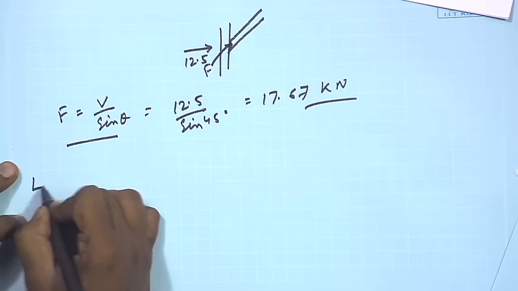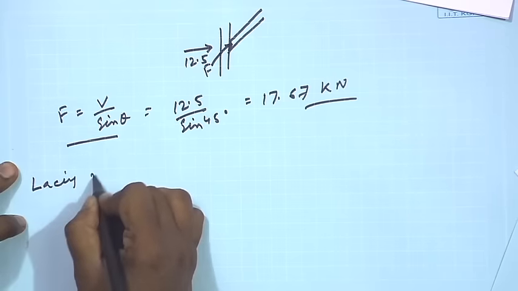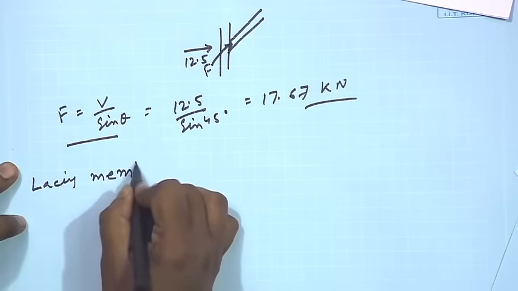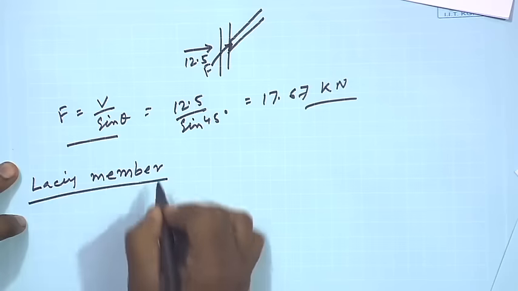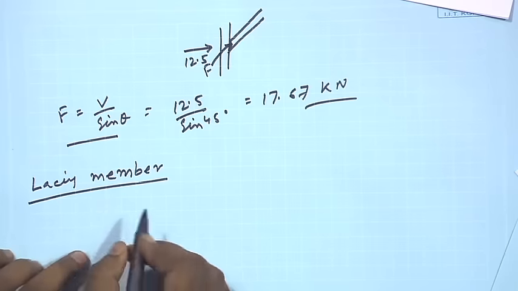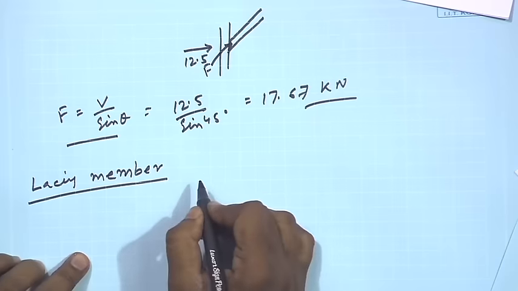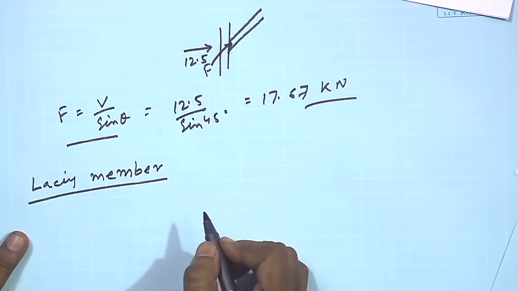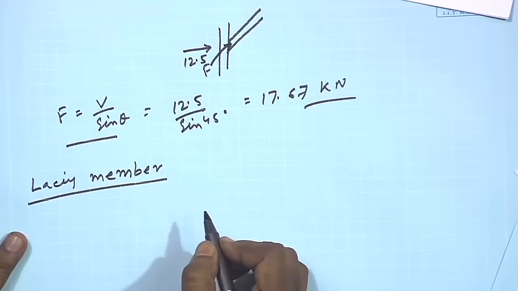Now, the size of the lacing flat we can find out. We can choose the lacing member as a flat plate. If we choose that, then we have to decide the thickness and width of the lacing member as well as the length of the lacing member.